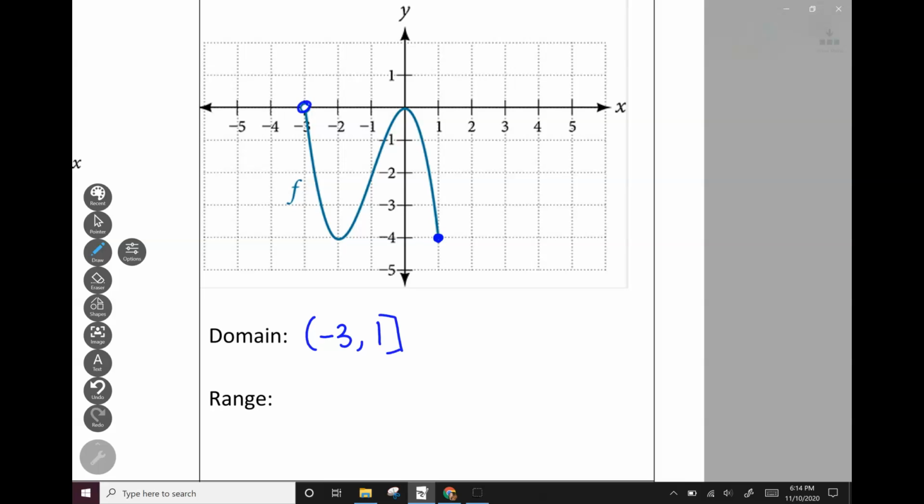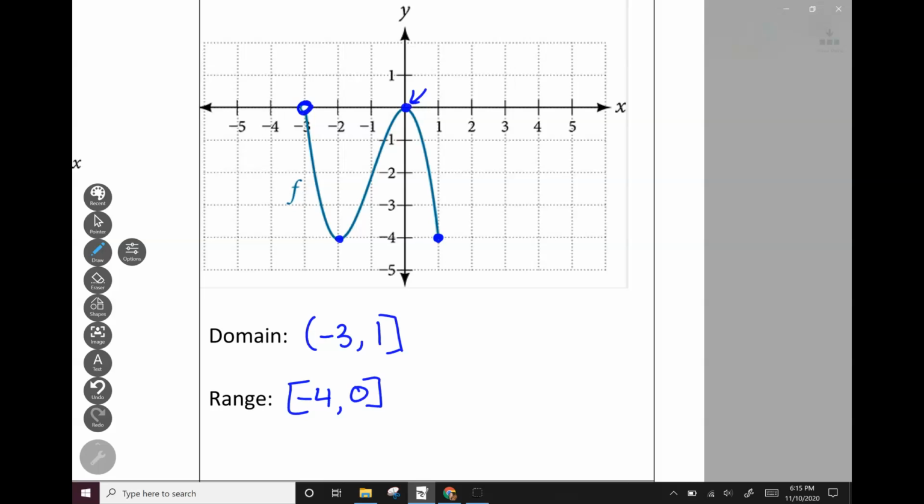Now going from bottom to top for the range, the lowest points that I see are these two. They're both at -4. So the lowest y value is -4, and that'll be a square bracket because we have points there. Now, the highest y value. Well, I've got both of these points which are at the same y value, 0. But since this one is the point at (0, 0), because it's a point and not an open circle, that value 0 is included in the range.